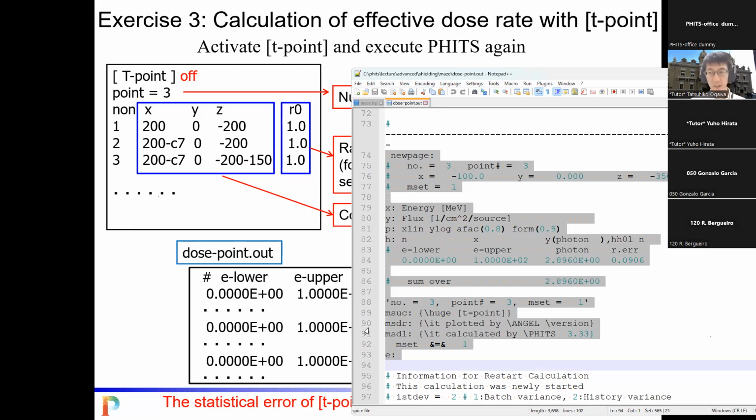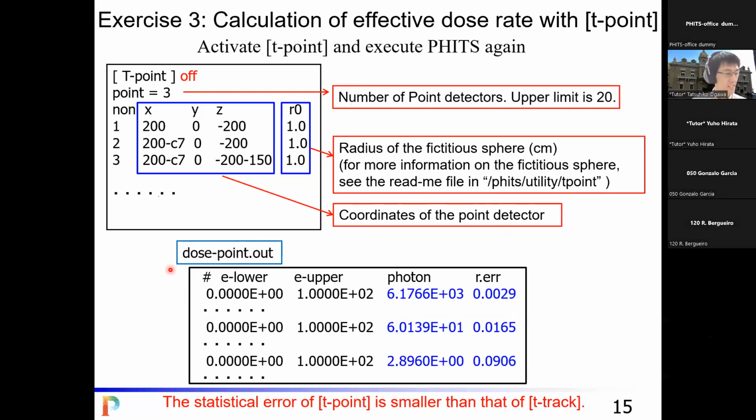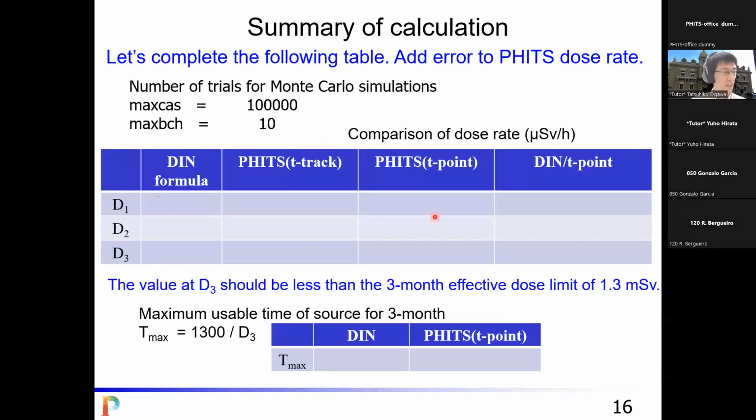What is wonderful about T-point tally is the dose rate statistical uncertainty is just 9%, even at the end. Please remember that the error of T-track was about 70%. Now it's just 9%. It's very small, meaning very accurate statistically. So let's move on to the next page.